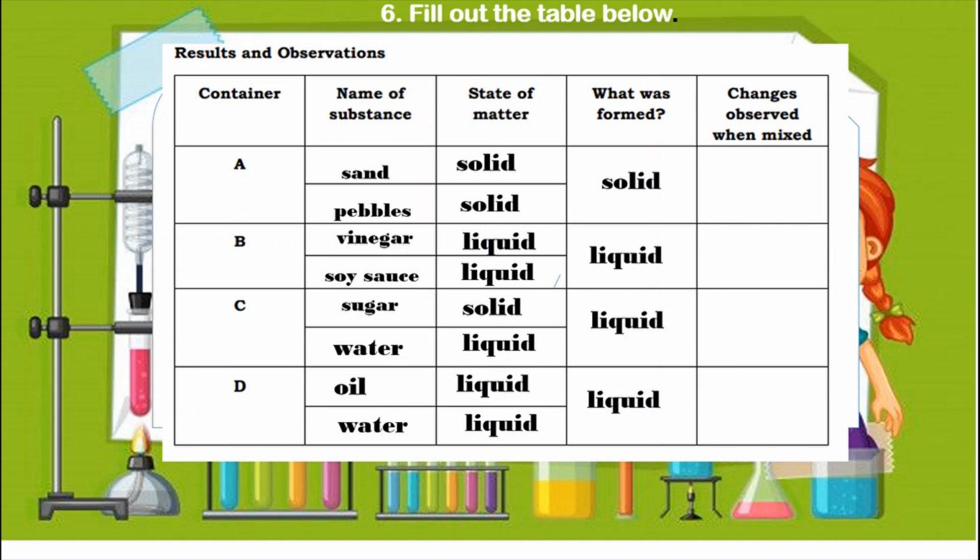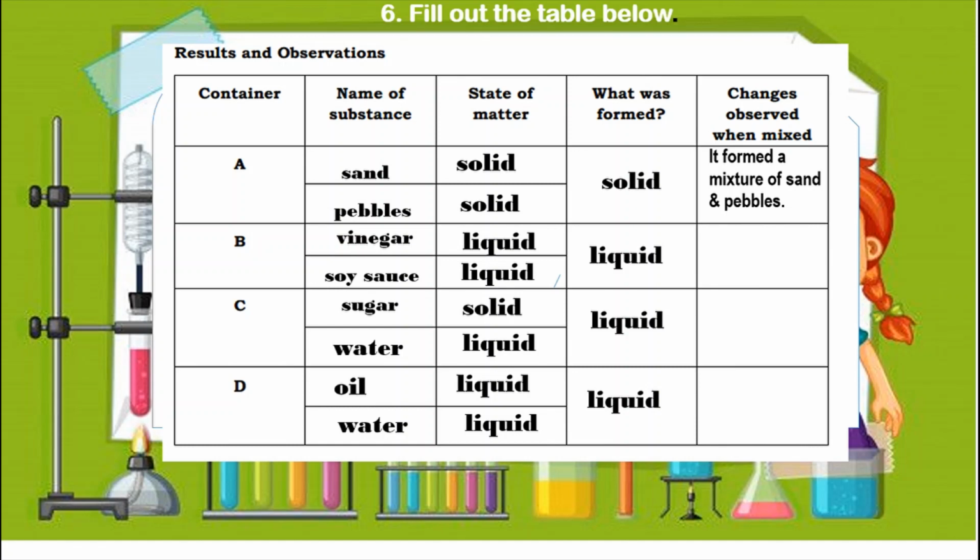So what are the changes observed when you mix the substances A, B, C, and D? So sa letter A, katong sand and pebbles, ang na-observe nato dito kay it formed a mixture of sand and pebbles. So, na-form siya og mixture. So, kay naghalo man siya, gihalo man ninyo, mixture of sand and pebbles ang ninggawas dito.